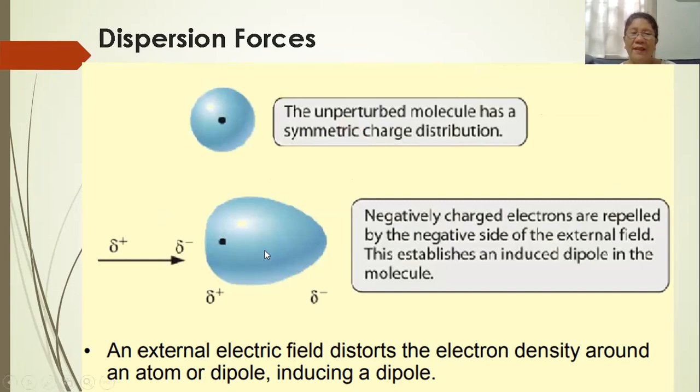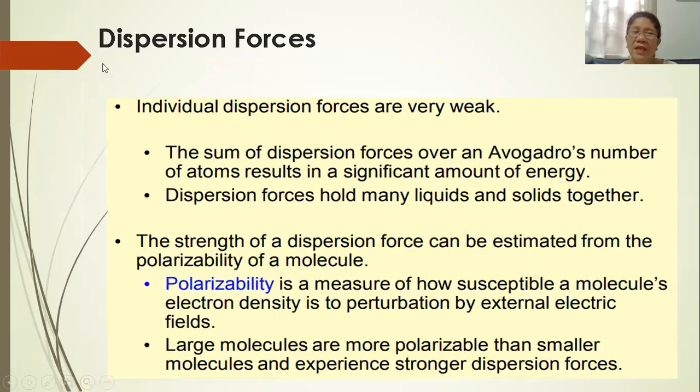Take a look, there is a big space in between. That is why it is called dispersion, because there is a space in between two atoms. So the external electrical field distorts the electron density around the atom or dipole, inducing a dipole. In dispersion, they are weak.